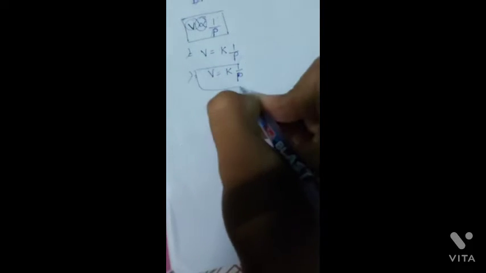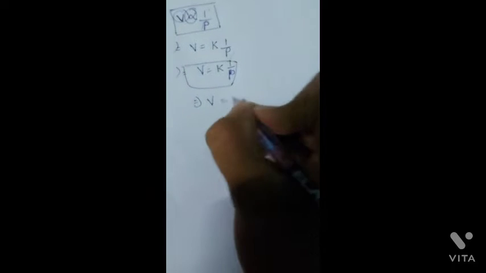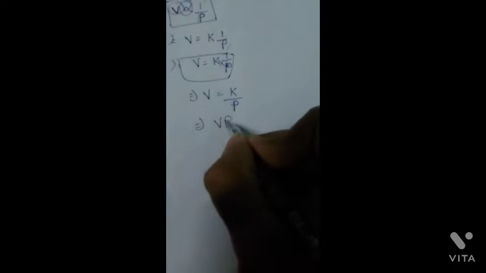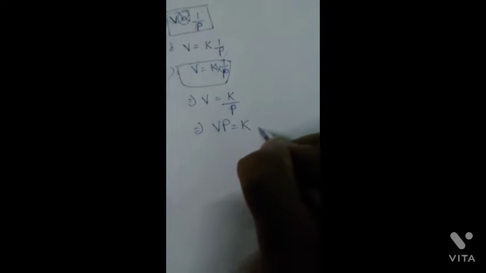See, I brought in k. So from here I can write V equals k into 1 by P, and multiplying by P on both sides, I can write VP equals k. We can write volume into pressure equals constant. So remember this. Suppose this is equation 1.